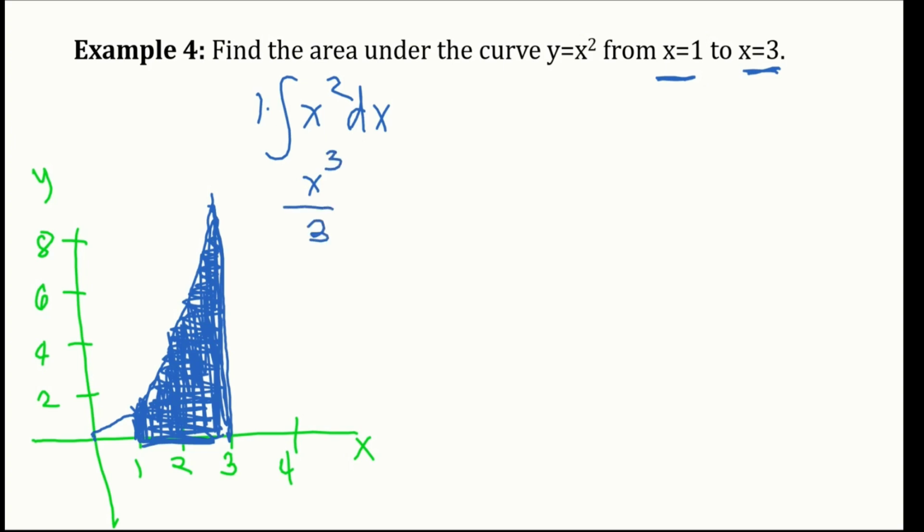And then step 2, from the upper limit, which is 3, we have x cubed over 3, then substitute 3, so we have 3 cubed over 3, that is equivalent to 27 divided by 3, that is equivalent to 9.